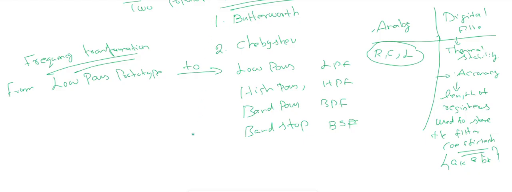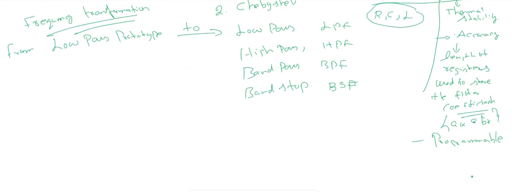The other advantages of digital filters: they are programmable filters. The filter coefficients can be changed at any time to implement adaptive filters.